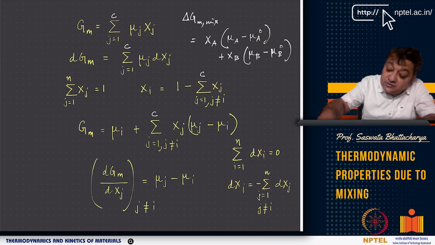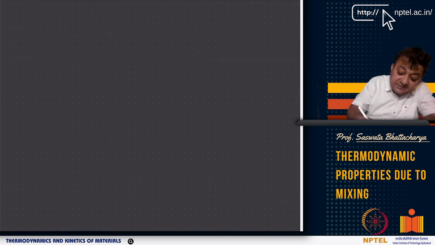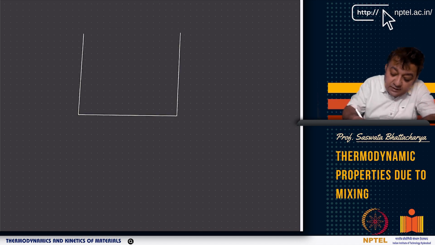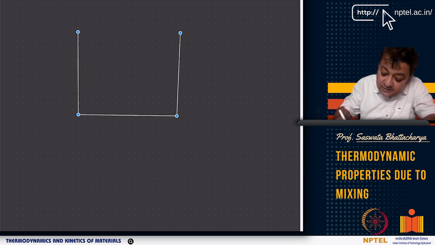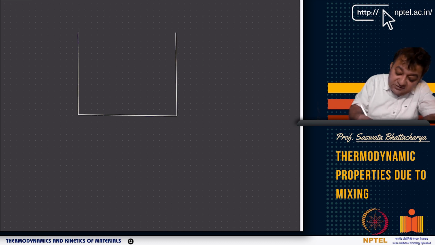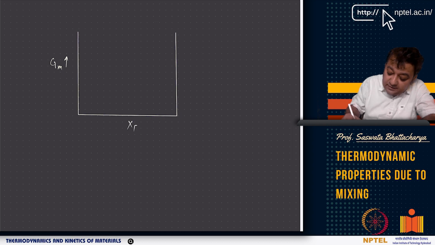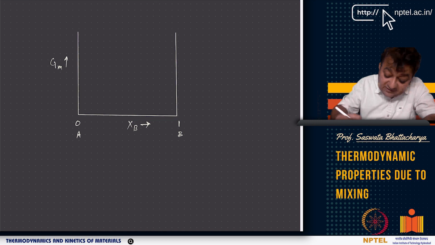When we did this for a binary system, we said let us have this diagram where you plot Gm this way and xB this way, such that this is 1, pure B, and this is 0, pure A. Then I got a free energy curve like this.